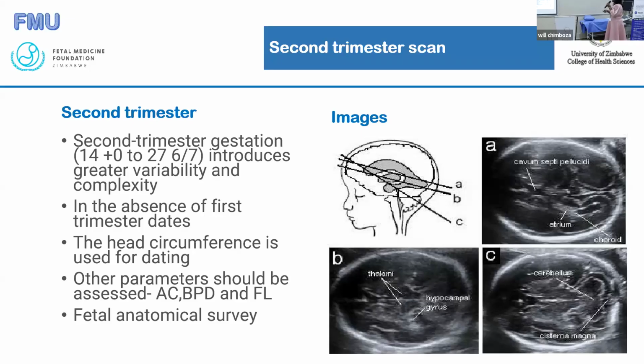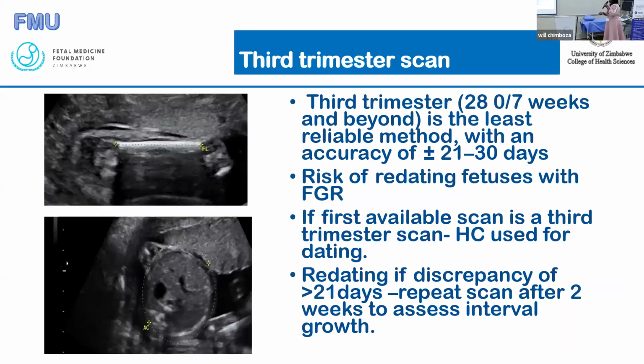The other planes can be used for assessing other things. Okay, so these images are just showing the correct images for the femur length assessment and the abdominal circumference measurement as well.